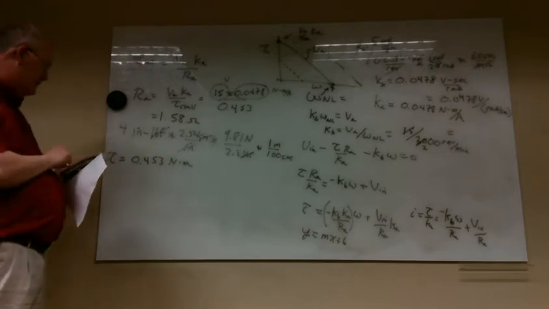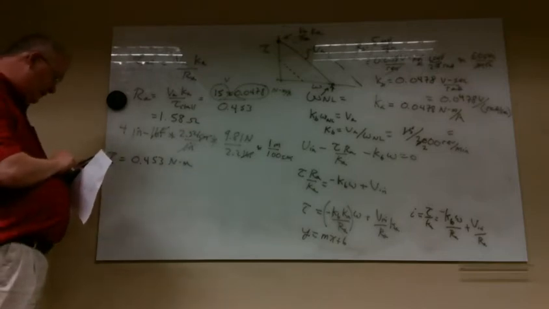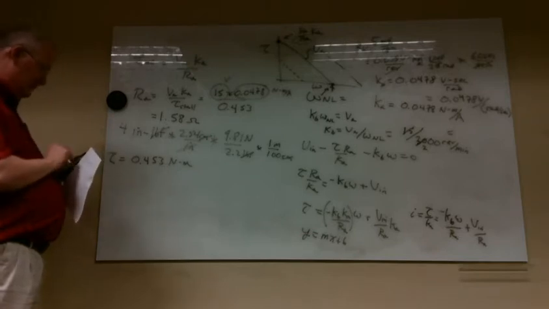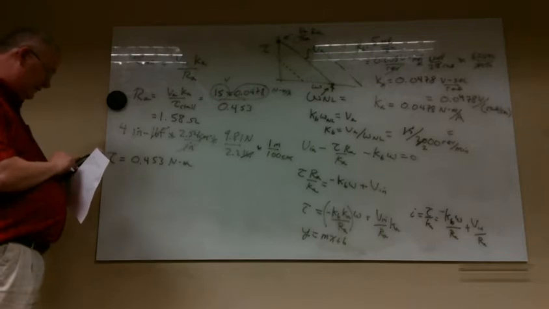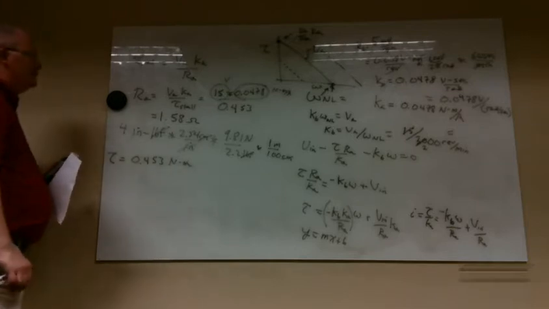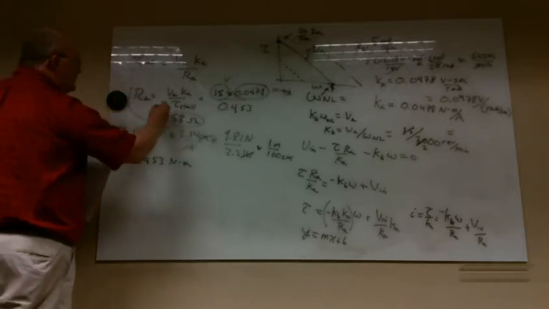Let's see. We do 4 enter 2.54 times 9.81 times 2.2 divided by 100, then 1 over x, 15 times 0.0478 times... 1.58. Yeah, 1.58 ohms. That's the resistance of the motor.